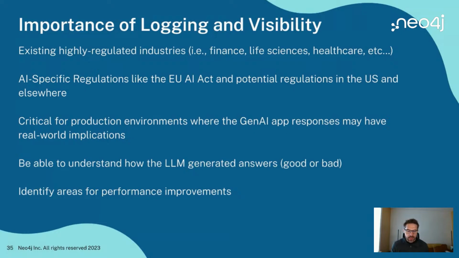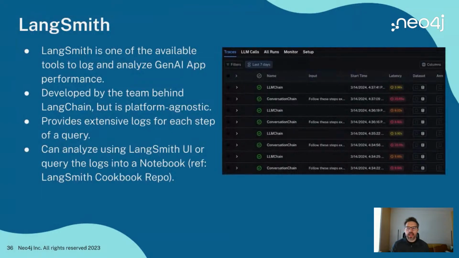And then finally, logs just help you understand how your app is performing, and then look for areas for performance improvements, which, as we dug into the logs, clearly jumped out to us on areas where we could get better efficiency, better cost management, and just make an overall better application. You really understand how your app is working when you dig into the logs.